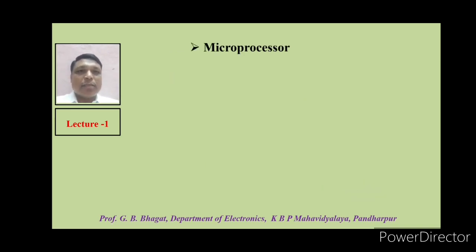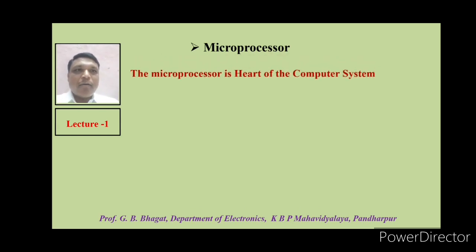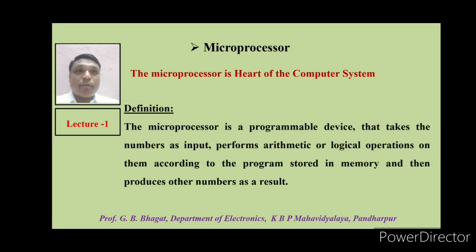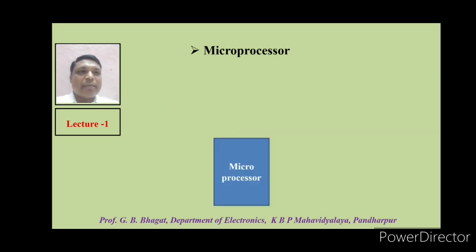Let us see first what is the microprocessor. Microprocessor is the heart of computer system. The definition of microprocessor is: the microprocessor is one of the programmable devices which takes the numbers as inputs, performs arithmetic or logical operations according to the program stored in its memory, and then produces some other numbers as a result.